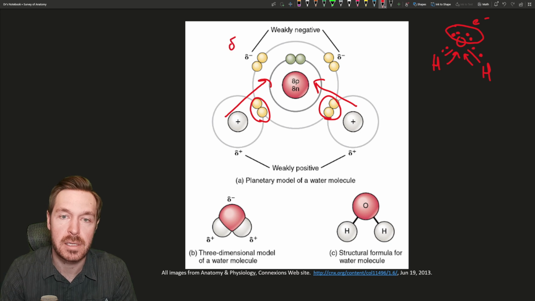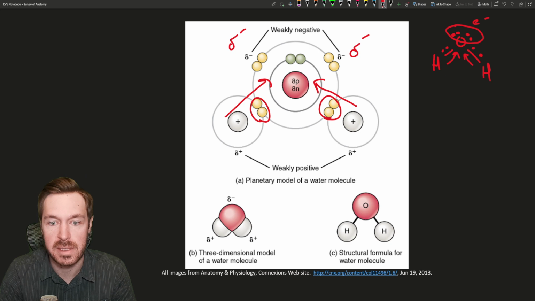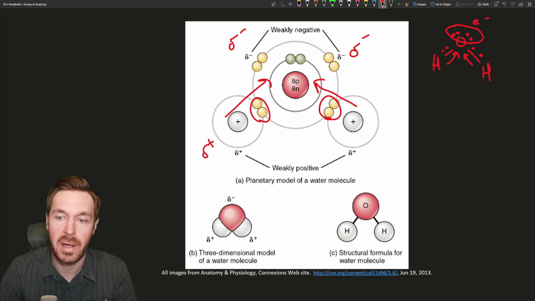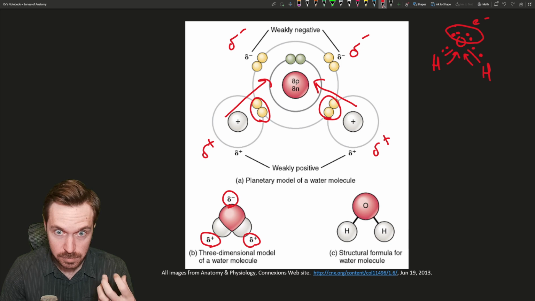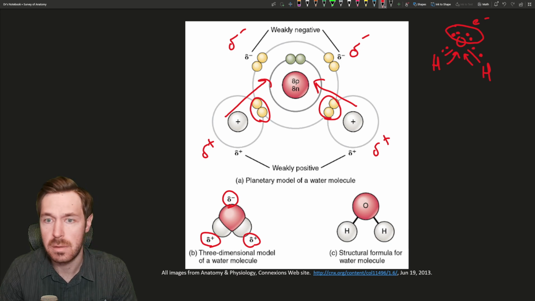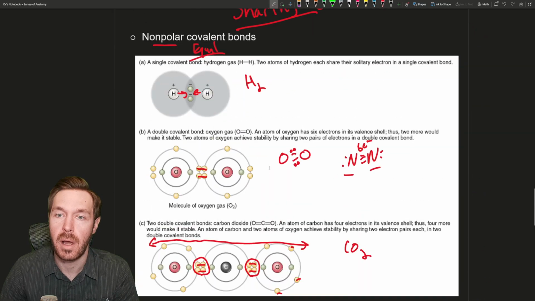So we get this partial negative charge on oxygen. Partial is this little delta symbol right here. And then we get a partial positive charge on the hydrogens. And that creates charge, and opposite charges attract. So here you see the delta negative and delta positive down here. That means water is polar, and any other structure that has this polarity or unequal charge distribution is polar.